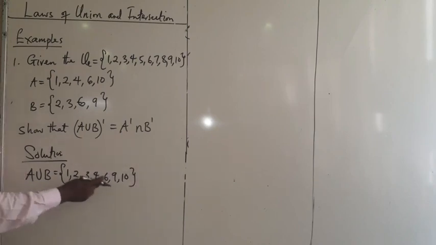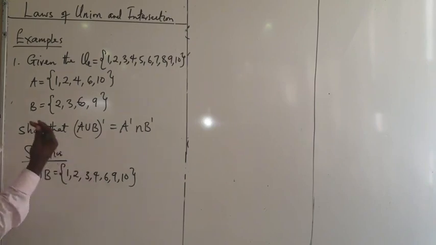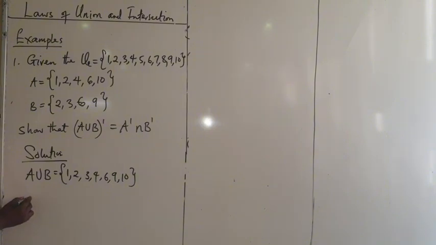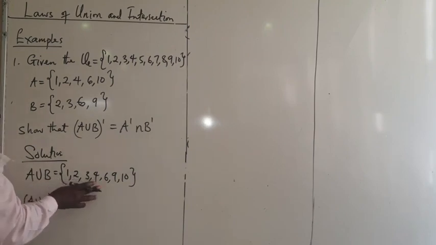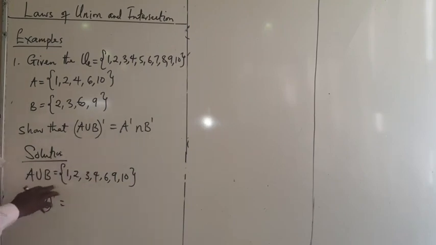So you notice that I did not repeat an element twice. This is A union B. So the next is to now find A union B, everything complement. That is, all the elements that are in the universal set and are not in this A union B.